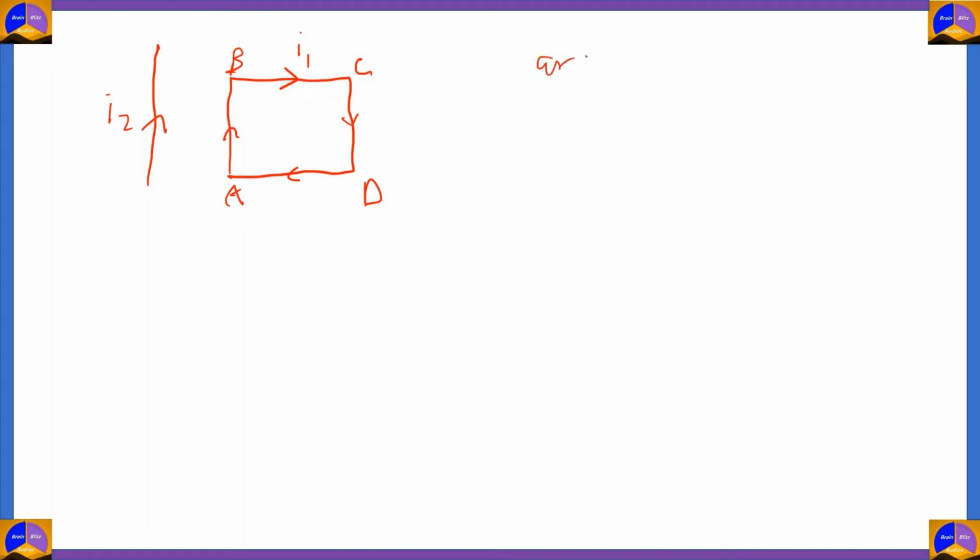Now, for arm AB, you see that current I1 is parallel to current I2. They're both flowing in the same direction. So therefore, we have attraction in this case. The arm of the loop and the straight conductor start to attract each other.